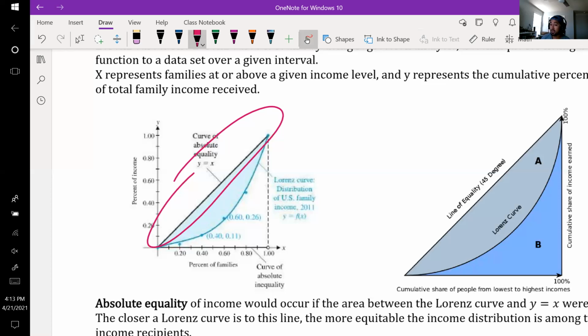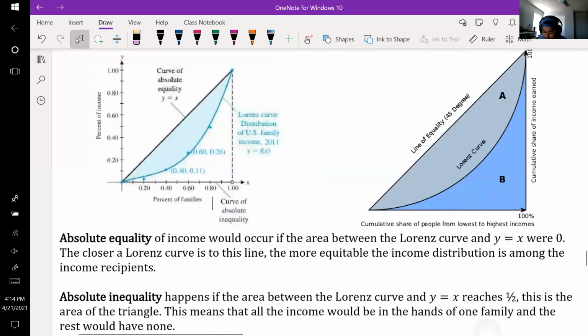But if the curve gets close to filling out the whole triangle, then this means that income is not being evenly distributed. This means that one family, or maybe even one person, is making all of the income. Okay, so this is how our Lorenz curve works.